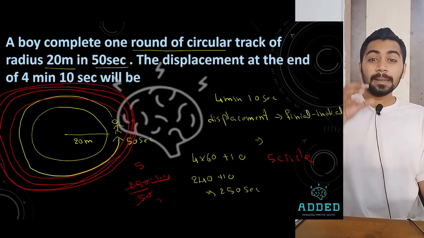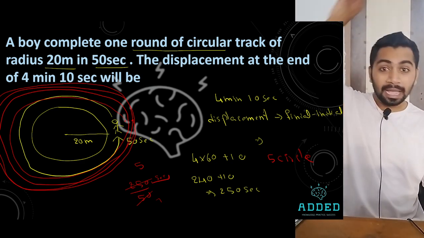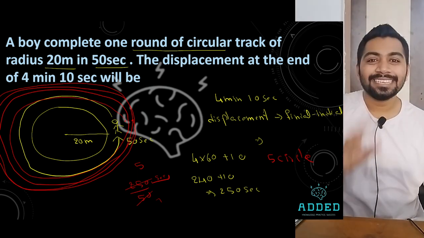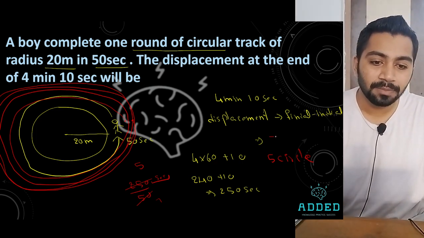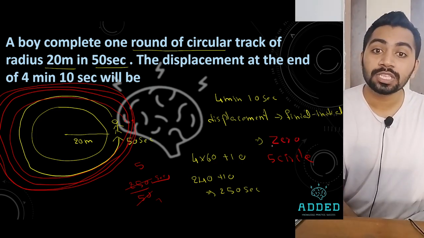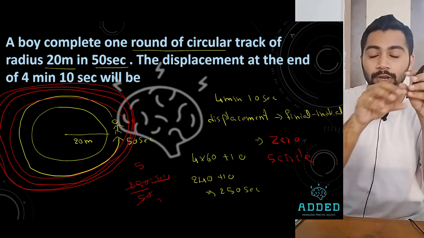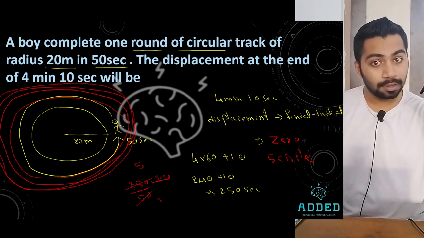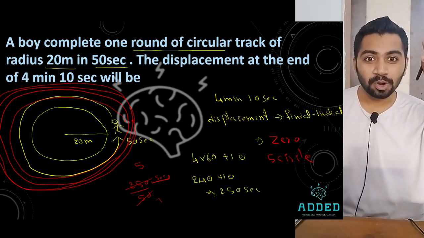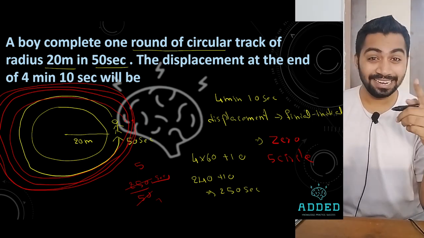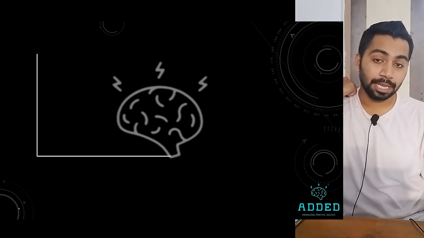After covering five circles, he comes back to the same point. Which means displacement becomes 0, because he takes 50 seconds to move one circle, goes 5 circles, and comes back to that point. Right? Yes, I know.